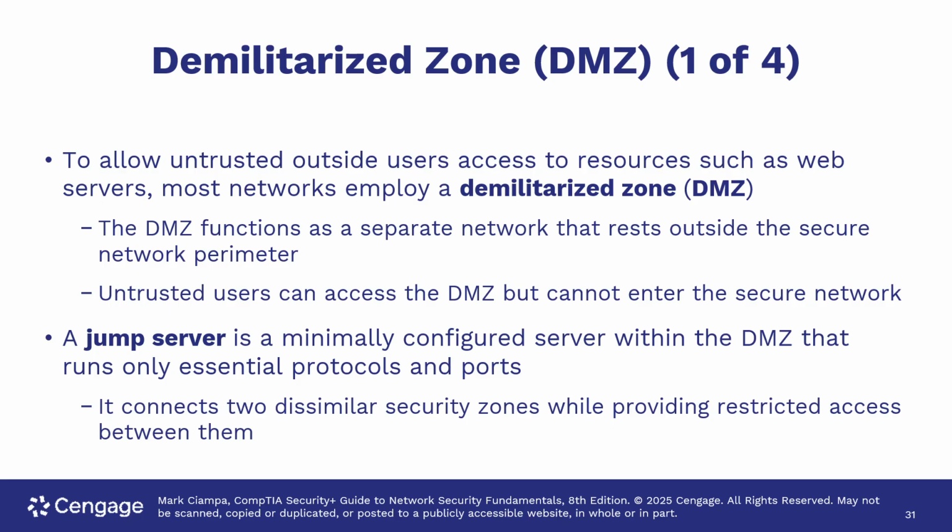It functions as a separate network that rests outside the secure network perimeter. The untrusted users can then access the DMZ but cannot enter the secure network. So you have a jump server, a minimally configured server within the DMZ that runs only essential protocols and ports. It connects to two dissimilar security zones while providing unrestricted access between them.